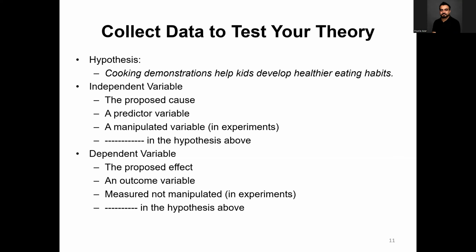There are other names referring to independent variable, for example, the proposed cause, a predictor variable, a manipulated variable. These are all referred to as independent variable. On the other hand, dependent variables are the variables that are an outcome, the proposed effect, measured, not manipulated.